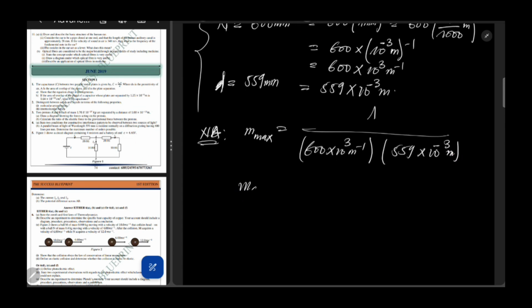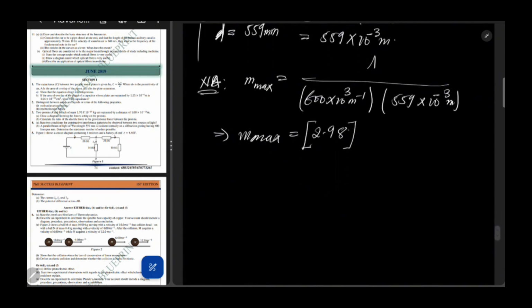If you quickly use a calculator, we have the maximum order to be equal to 2.98. Now the problem is we cannot have 2.98 orders. Generally, we take the greatest integer value of the order, and if we do this, m max is equal to 2. So the maximum order of diffraction is 2.